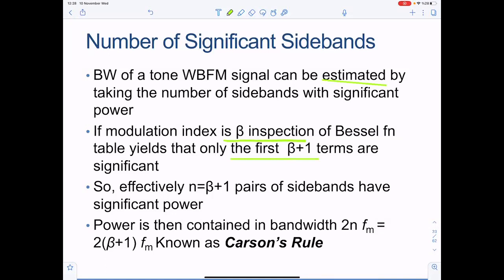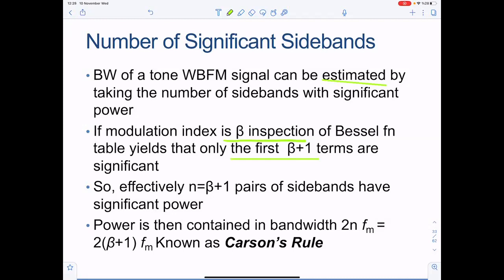So that's why beta is used in the design of FM very widely, because it gives you an understanding of how much bandwidth your signal is going to occupy. Because if you want to design an FM broadcast system, they're going to give you a spectrum, and you have that spectrum available to you to use, right? So that's why the first parameter that you have to live with is how widespread your modulated waveform can be.